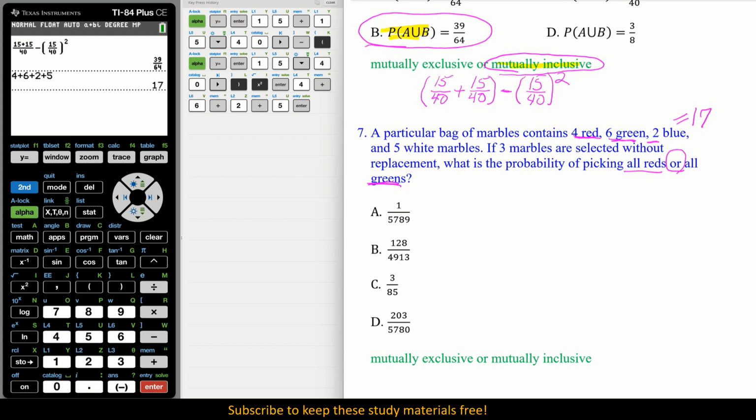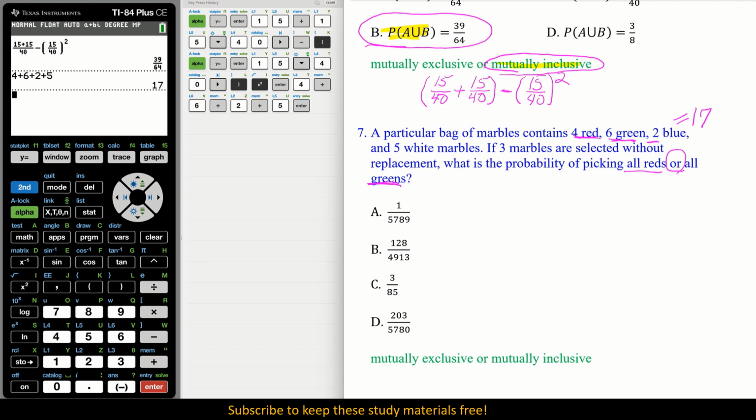Well, there we have a lot going on here. It's not going to happen at the same time because we have reds and greens. Red and green aren't the same.